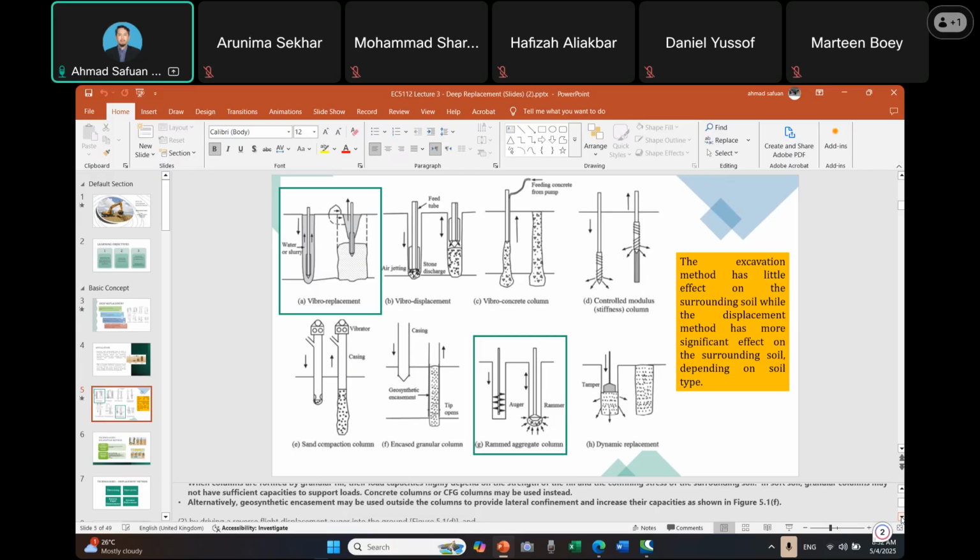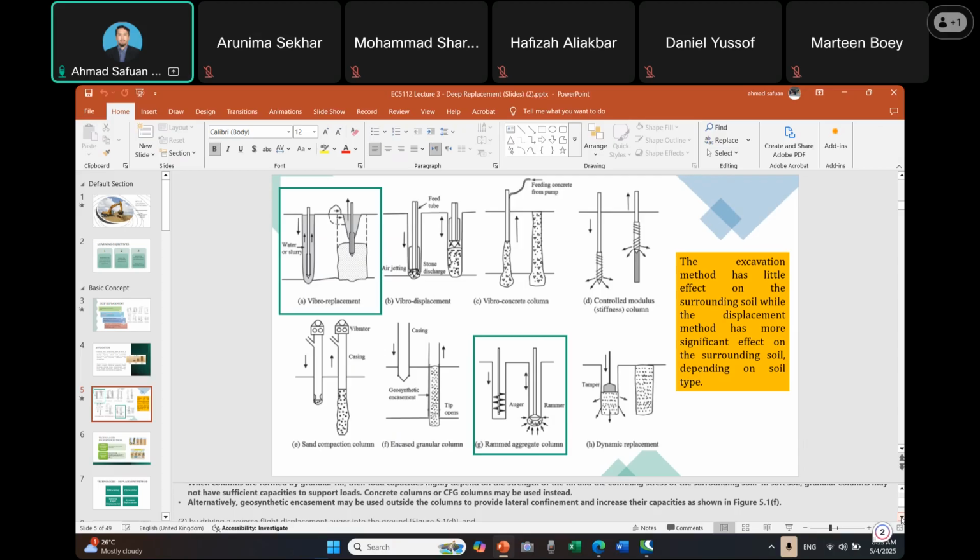Alternatively, geosynthetic encasement may be used outside the column to provide lateral confinement and increase its capacity, as shown in figure 5.1F. So that is the idea of using the geosynthetic encasement.